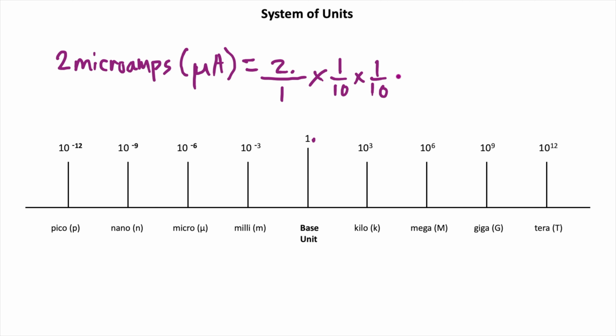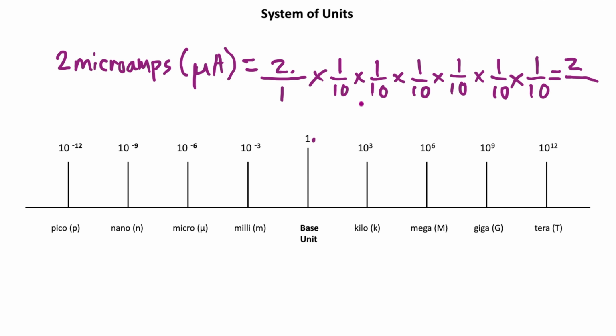Here's 2. We have 1/10 3 times, 4 times, 5 times, and 6 times. So when you work all this out, just like we did in the past, 2 times 1 is 2. So we already know in the numerator we're going to have a 2.